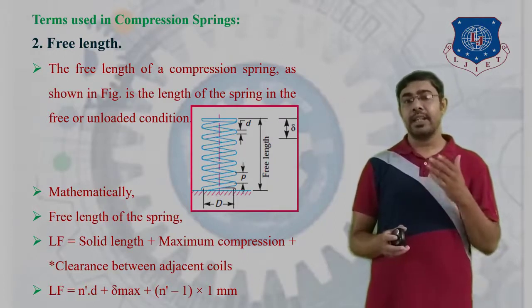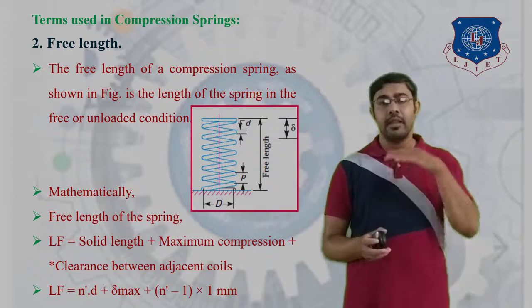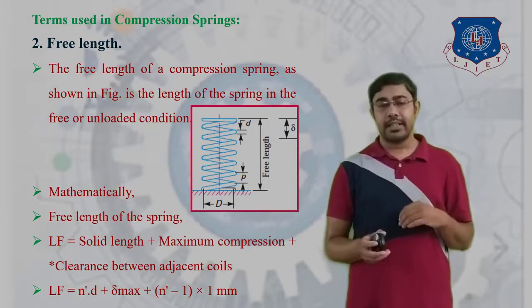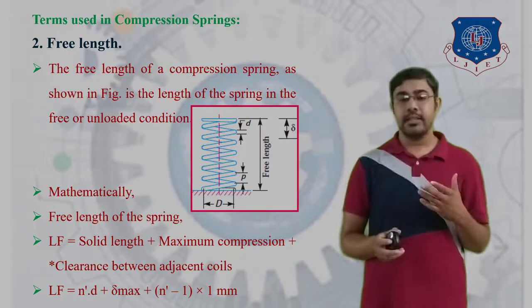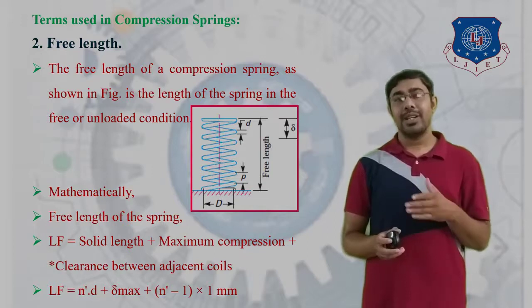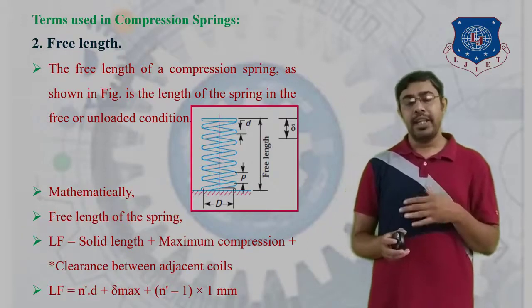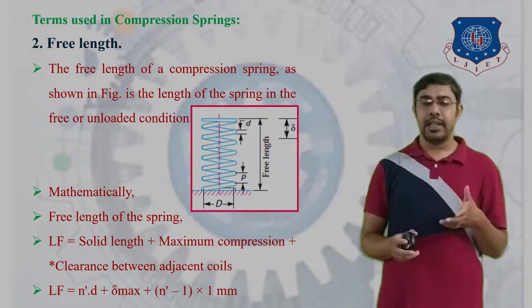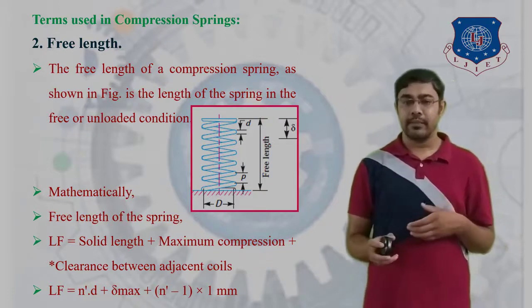If there are N dash coils and there is a 1 mm gap between adjacent coils, then it is N dash minus 1 into 1. Adding all these lengths, we get the free length.